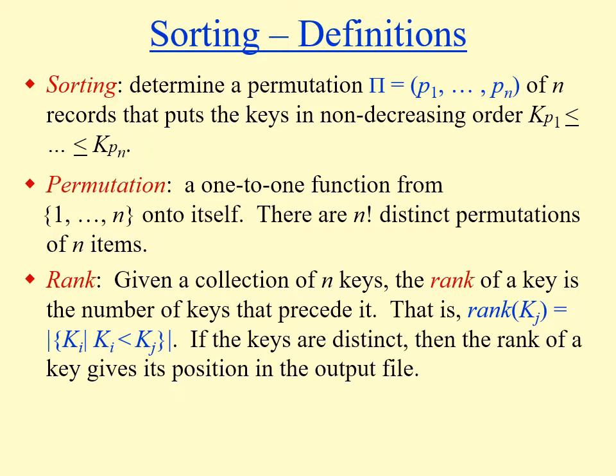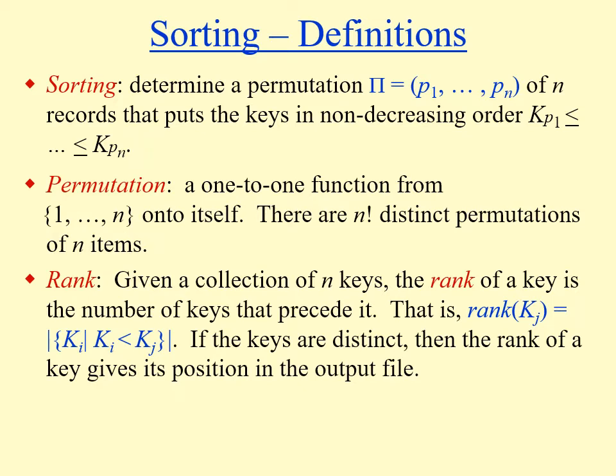So this is sorting. For example, the initial order is 1, 2, 3, 4, 5, and after we do the sorting, you get 5, 4, 3, 2, 1. Okay, that means you got a permutation of the order. So which one is put in which location, correct? Let's look at the permutation. In a permutation, we didn't add new numbers.